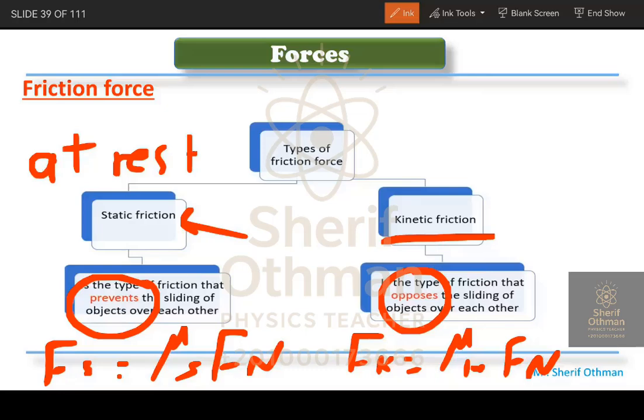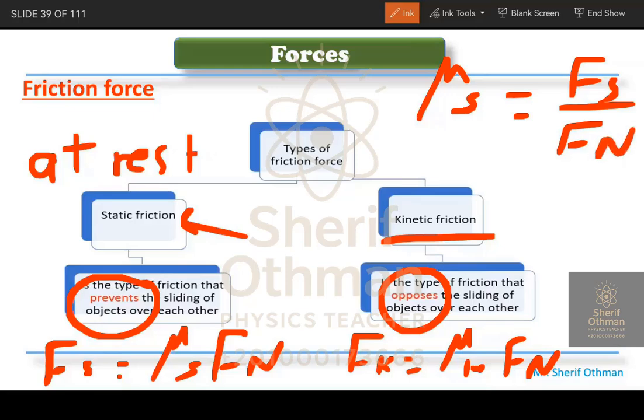Let's say that mu s is the coefficient of static friction, which is the ratio between Fs and Fn, while mu k is the ratio between Fk and Fn. Fn is the normal force.